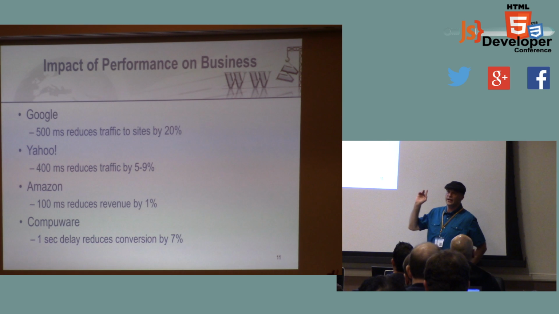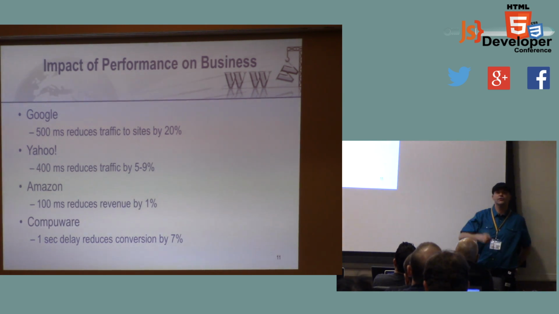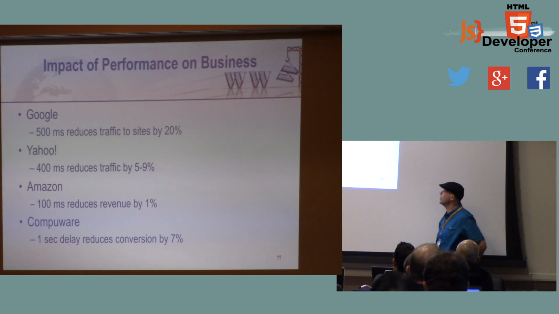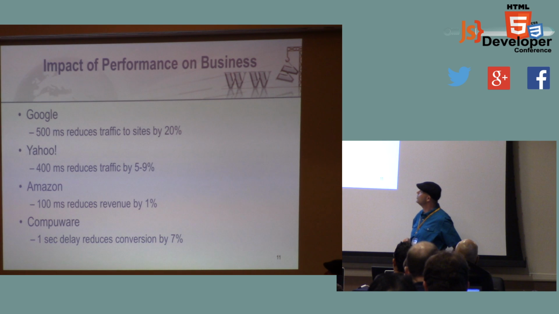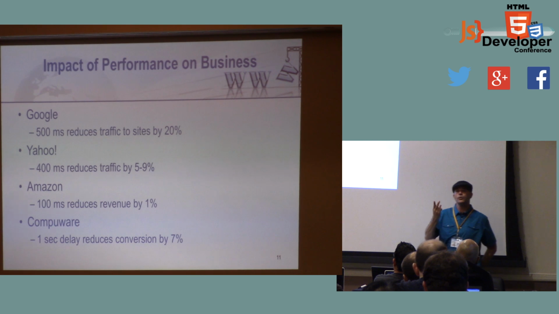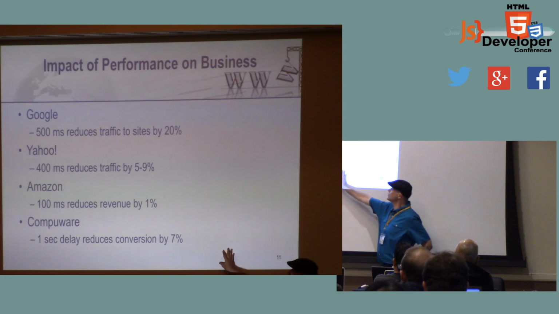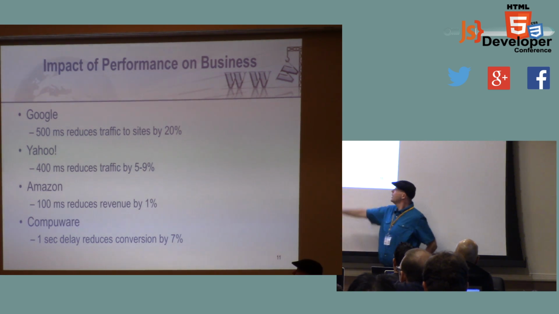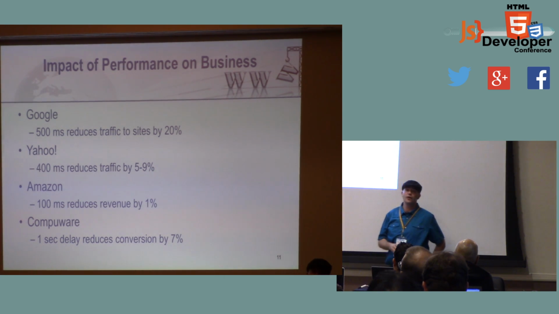Everybody has a slide like this in their talk, and I've seen dozens of these. People will come out, Google, Amazon, Yahoo, they'll come out and say, oh, if you reduce your response time by so many milliseconds, it'll increase your traffic, reduce cavities, cure cancer, all kinds of things, right? So of course I have to have one of these slides as well. But this is definitely a grain of salt slide. Right?